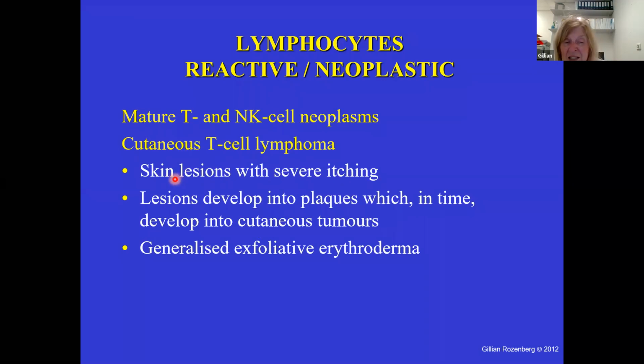So you get skin lesions with severe itching. The lesions develop into plaques, which in time develop into cutaneous tumors, and you get generalized exfoliative erythroderma.